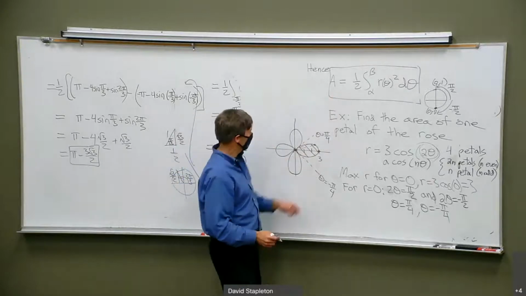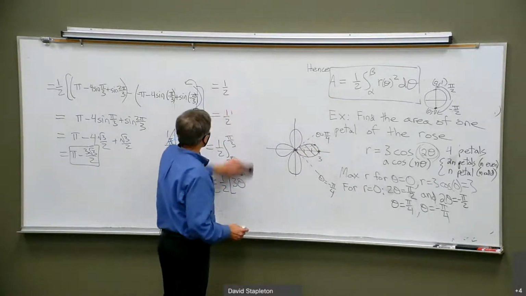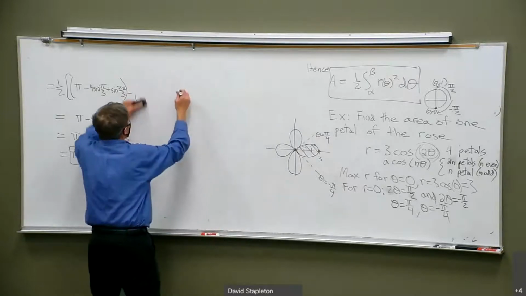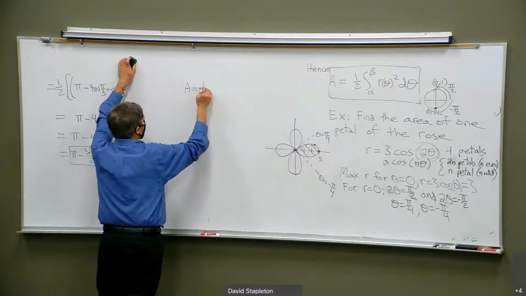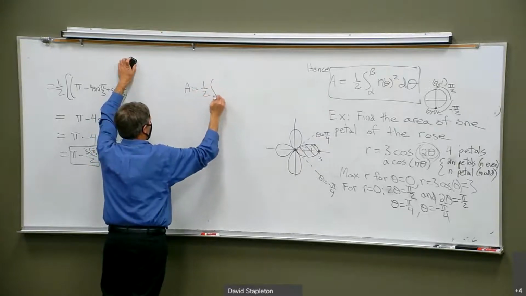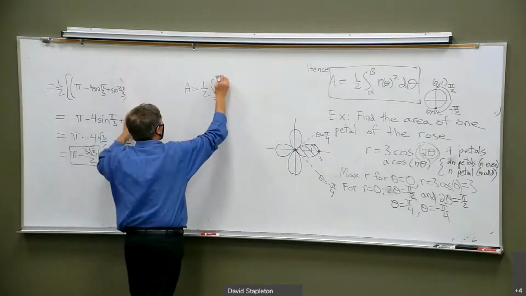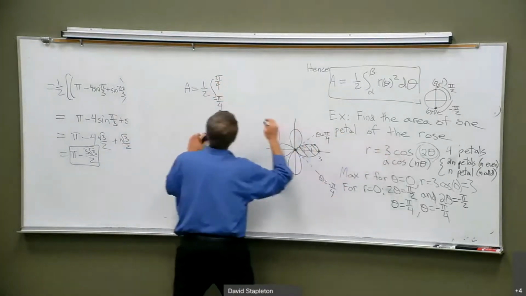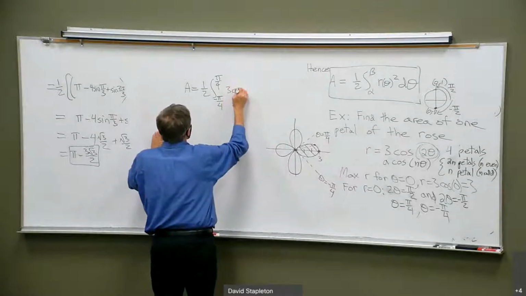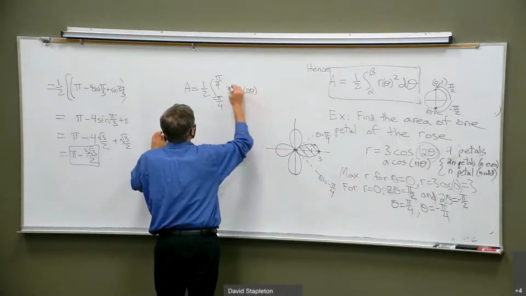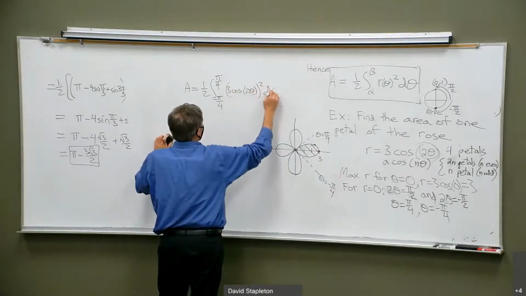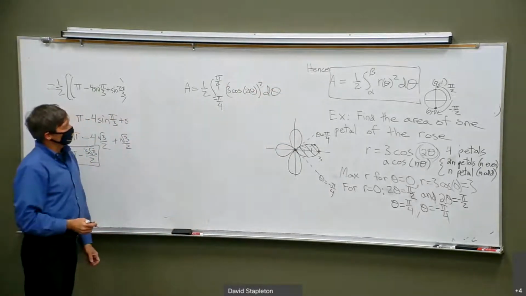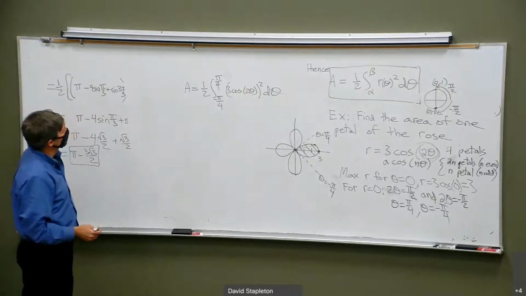and apply this formula. So we'll say the area is equal to 1/2 the integral from minus pi over 4 to plus pi over 4 of r of theta squared, where r this time is 3 cosine 2 theta, d theta. There it is, our formula for this function with the correct angles.